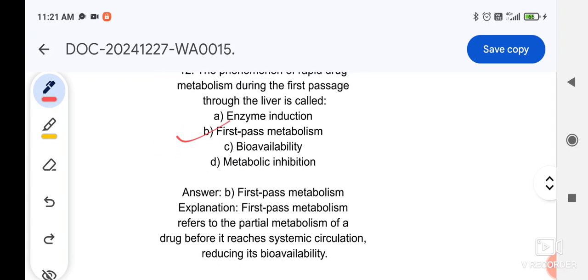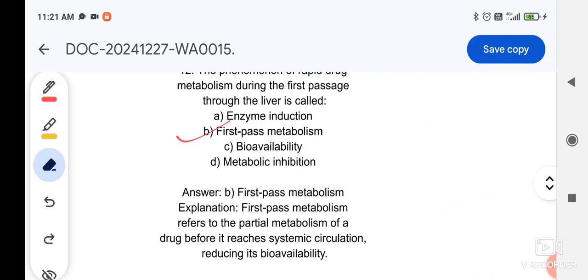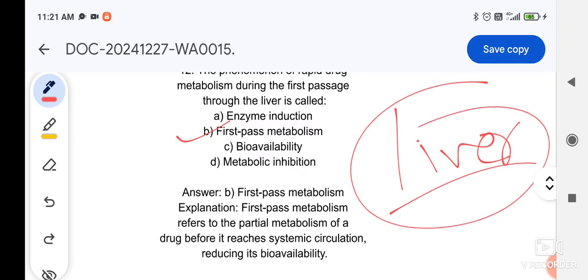First pass metabolism refers to partial metabolism of a drug before it reaches systemic circulation, reducing the bioavailability of the drug. The drug we eat, the tablet or capsule, its degradation or metabolism has already started in the liver, where the maximum metabolism occurs.